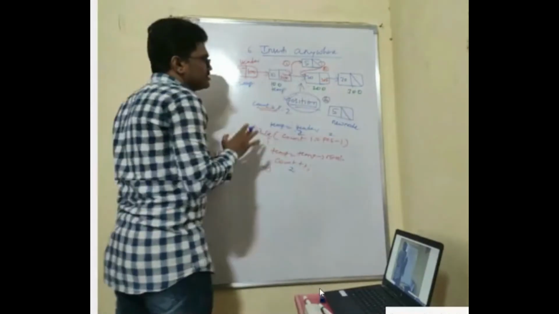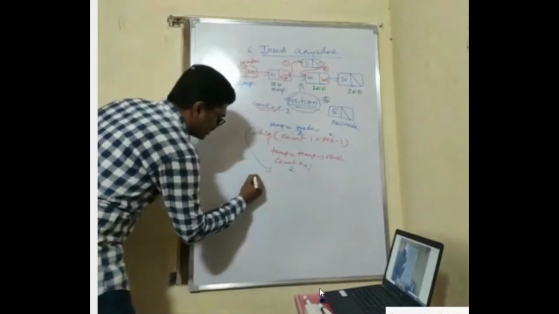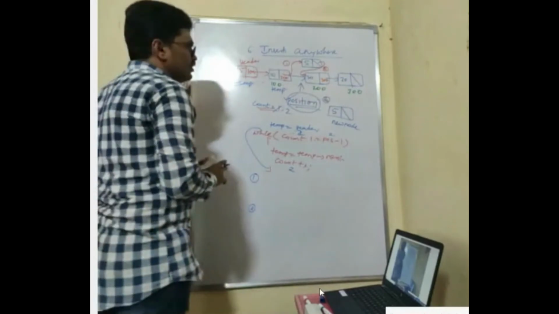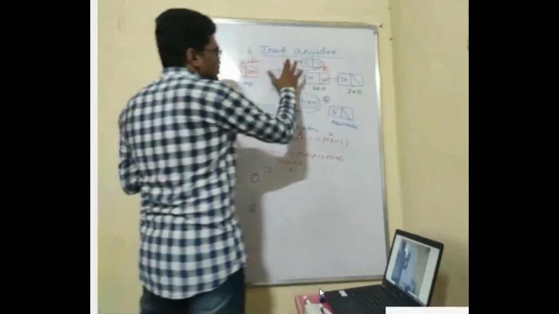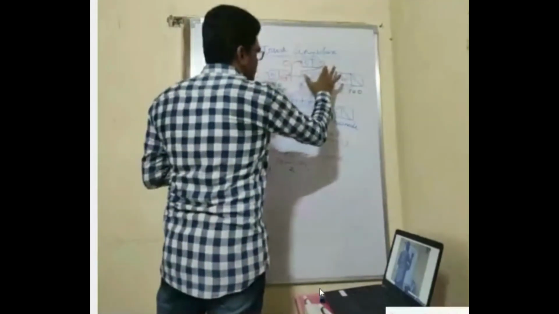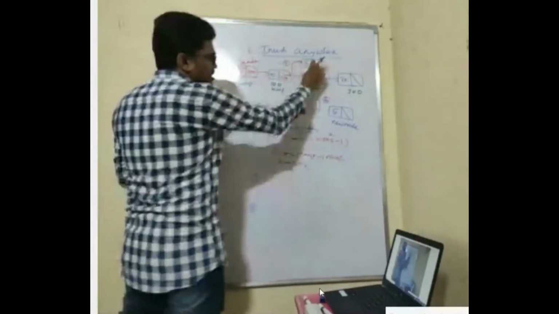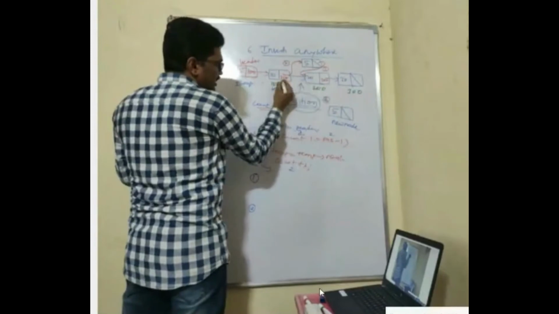So what will you do? How will you write these two steps? Which one will you write first? Better we number this as the first one. First, you have to insert the address of the next node. The address of this node is there in temp next.